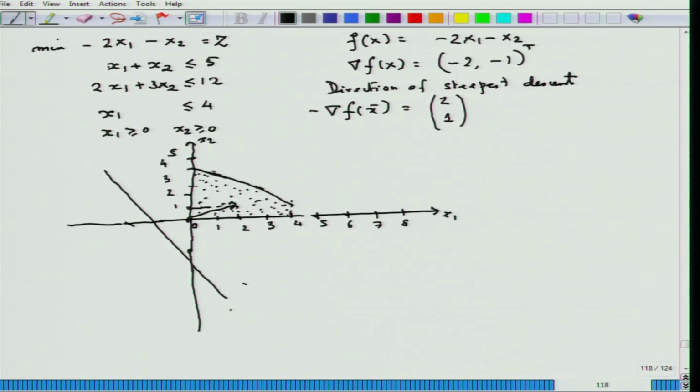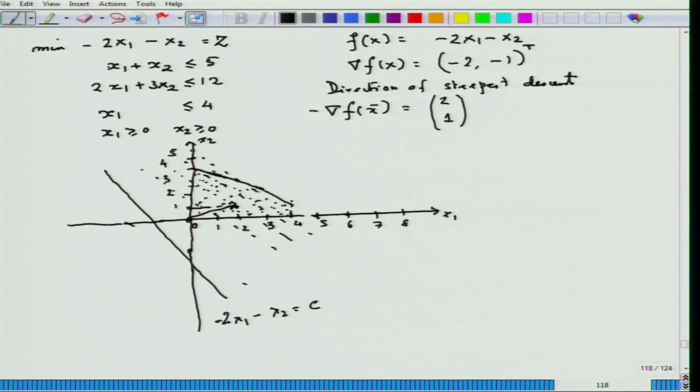This is my objective, minus 2 x1 minus x2 is some constant C. So, now I am moving it along this direction. So, I come and touch here, when I put my C here. So, I am coming, then I am inside the feasible zone, but I have to move along the direction of steepest descent. As I move like this, my functional value is decreasing.